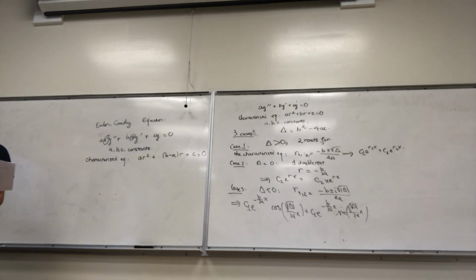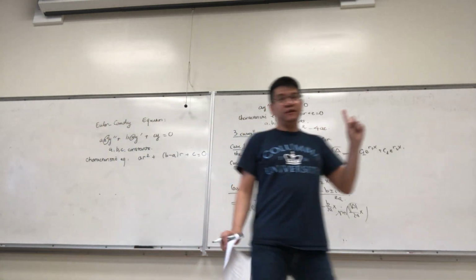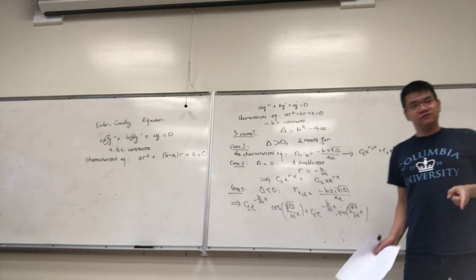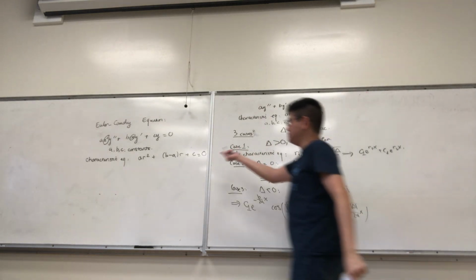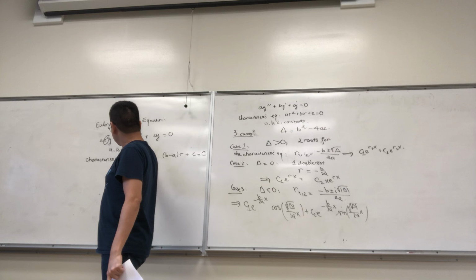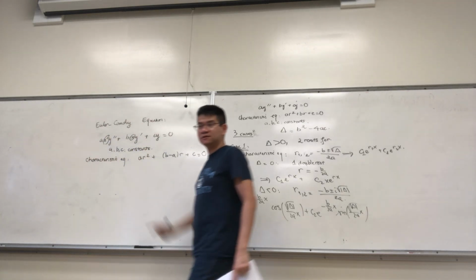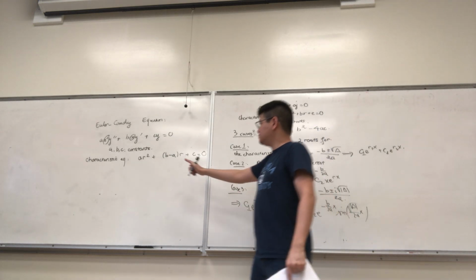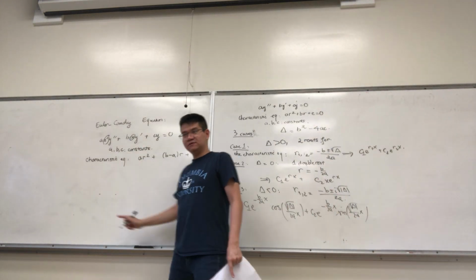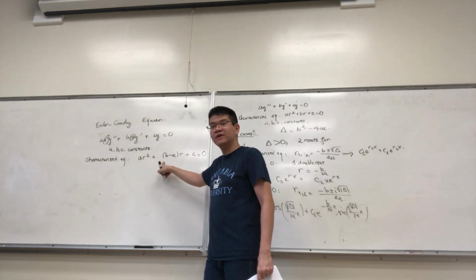So once you put the x into the equation, the characteristic equation changes. Here I put x squared to y second and x to y prime, in which a, b, c are constant. The characteristic equation looks similar, except that here you don't have b, you have b minus a.